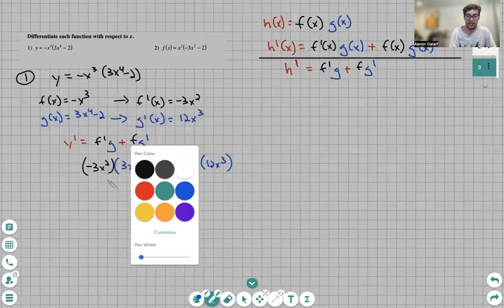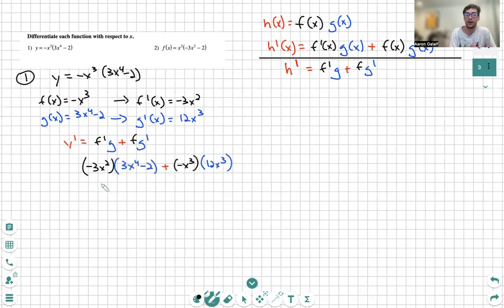We will, of course, then need to clean it up and distribute. We'll have negative 9x to the 6 plus 6x squared, distributing and adding the exponents, plus, well, that's actually going to be a minus 12x to the 6, because when we multiply with the same base, the exponents will just add together.